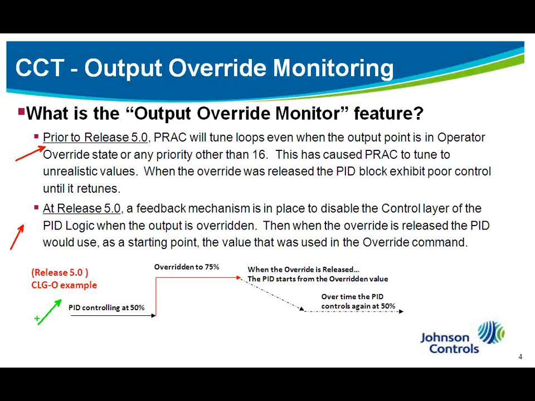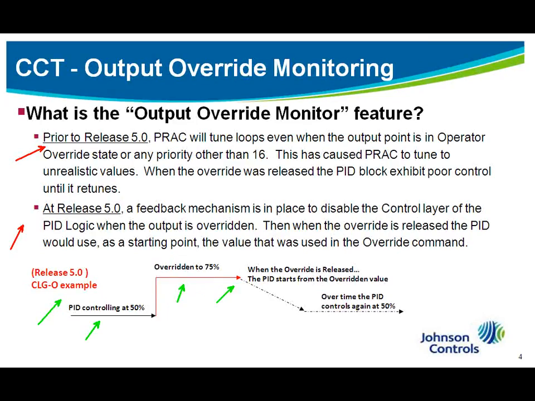Let's say this is a cooling output valve. It's currently controlling at 50% open. If someone overrides this valve to 75%, the PID logic goes into a hold state, and it is not doing any PID calculations.